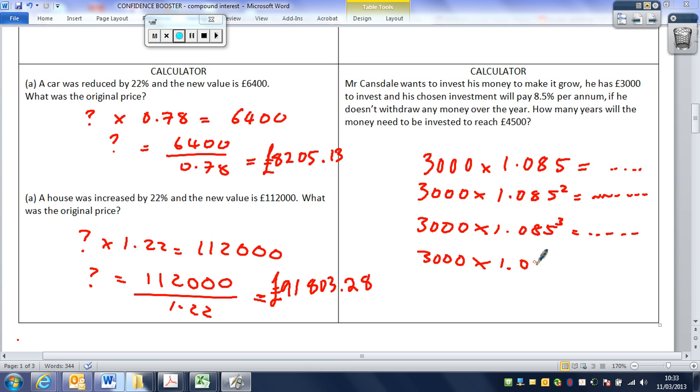I know some of you just straight away put 1.085 to the power of 5. I know you've done that. Okay, this is just showing the process of getting up there. Jemima, what did that give you? The last one? I made her make a comment on this. Appreciate that though.